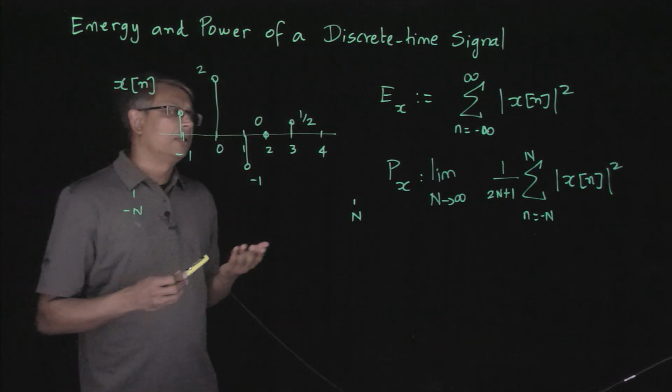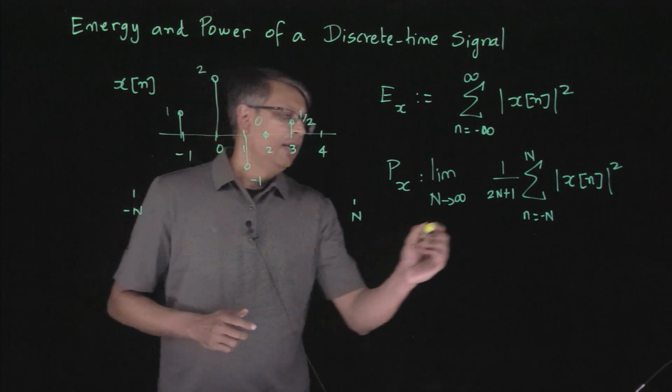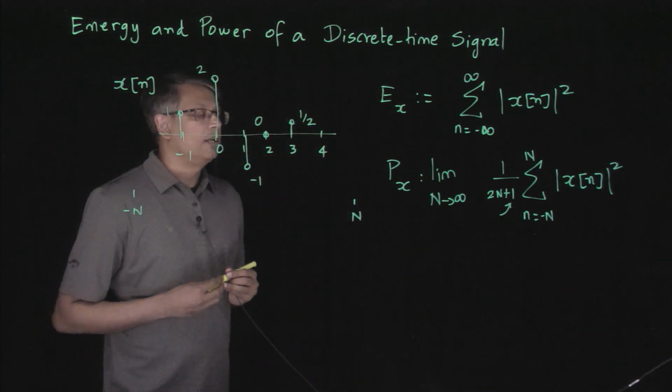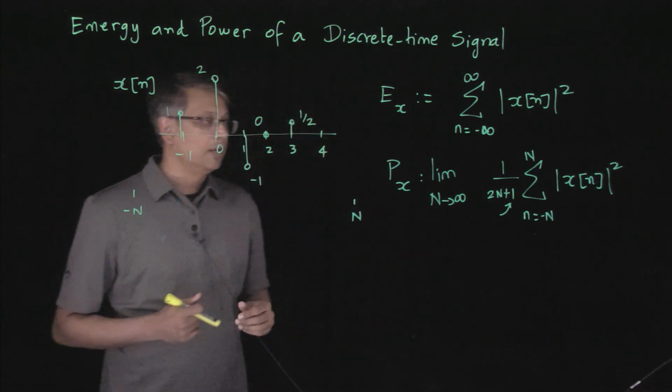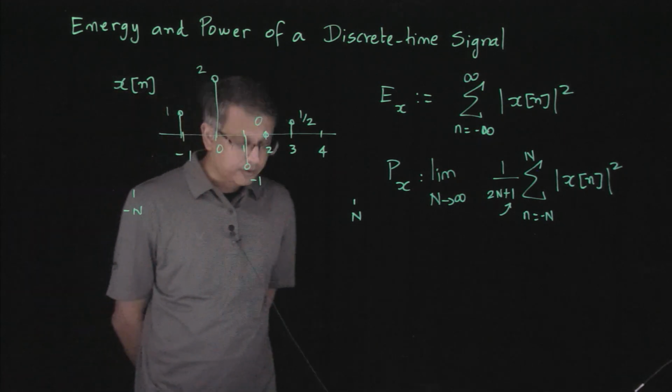So you might remember the definitions for continuous time signals, and this looks very similar to that, except for this 2N plus 1, which is an artifact of the fact that our time goes in discrete steps when we consider discrete time signals. Okay.